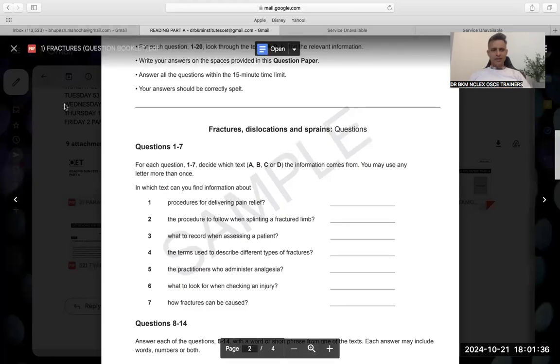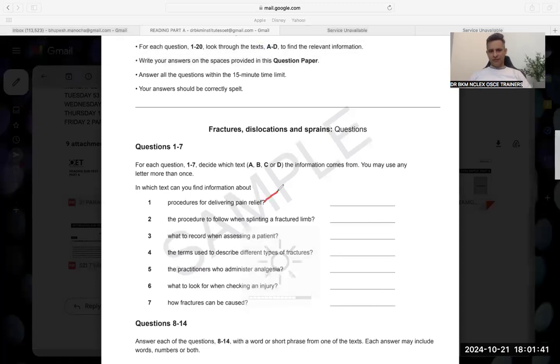My keywords in the first are delivering pain relief, then procedure to follow when splinting a fractured limb. Then the third question is what to record when assessing a patient, and the term used to describe different types of fractures, the practitioners who administer analgesia, what to look for when checking an injury, how fractures can be caused.